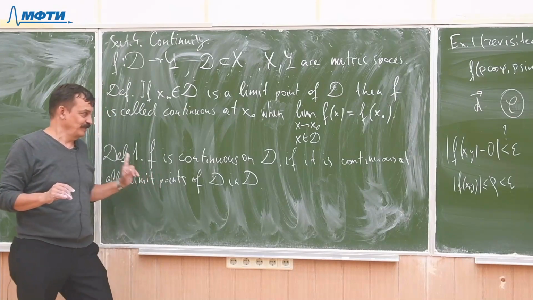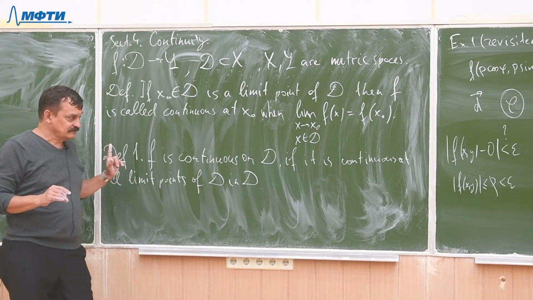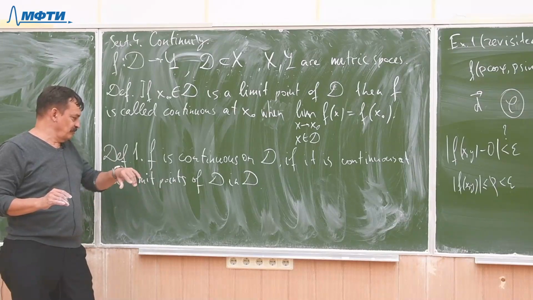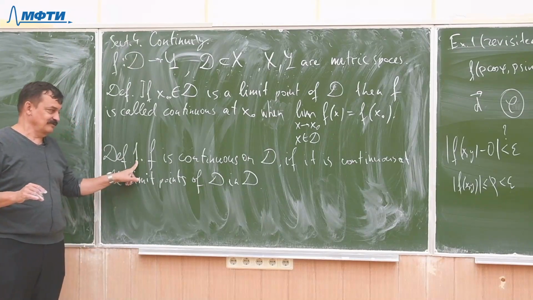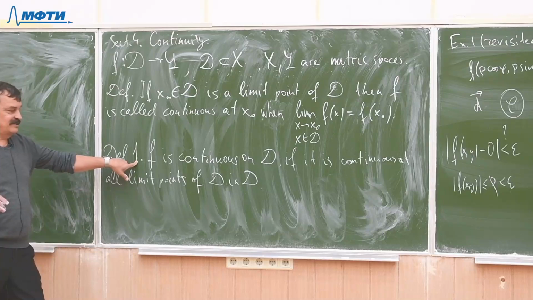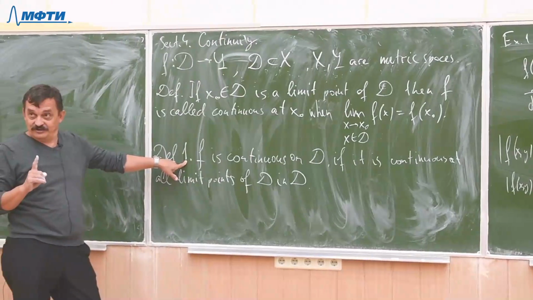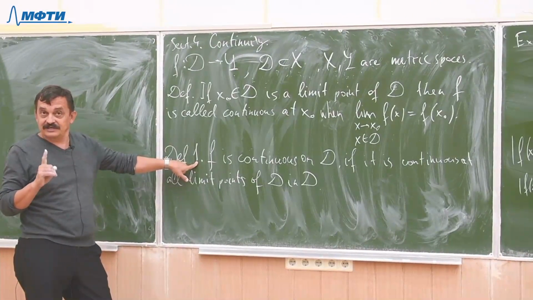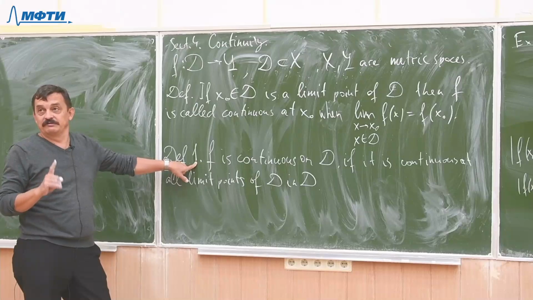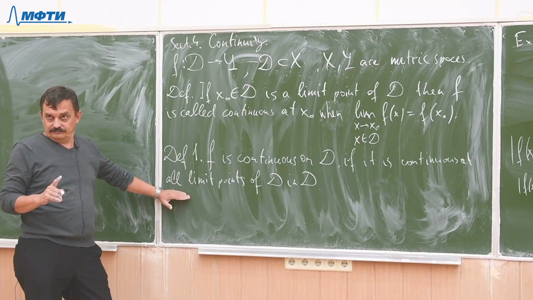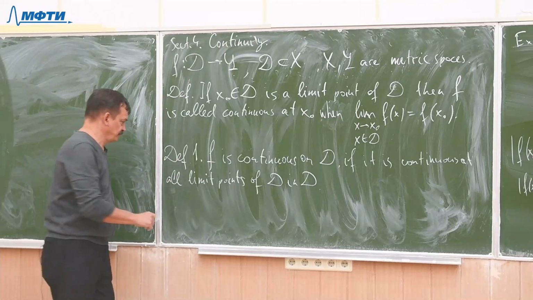Why do I indicate here definition 1? That is definition 1 of continuity. There will be another definition 2 of continuity next time, which is equivalent. And now I want to discuss this definition a little bit.